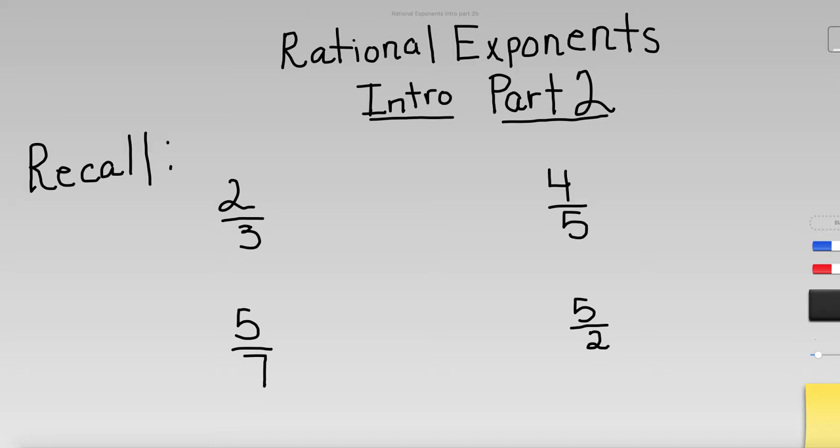regarding fractions. So for instance, if we have a fraction, we could easily split that fraction into two parts. One part will have a numerator of 1, and the other part will be the numerator of the original fraction. Okay? So this will be 1/5 times 4.